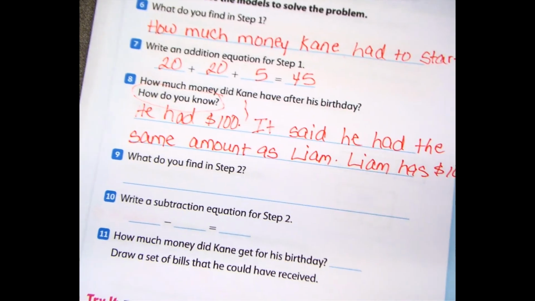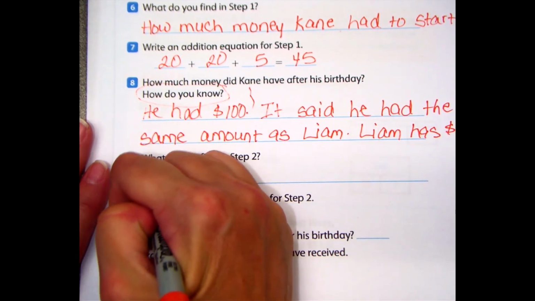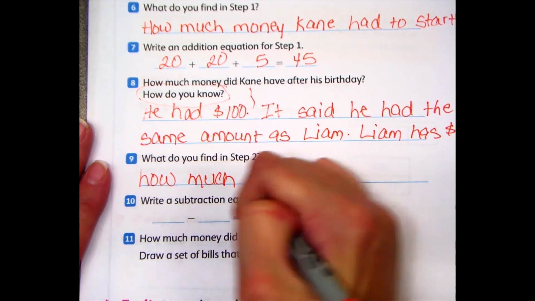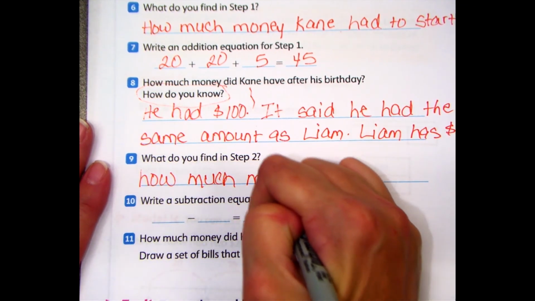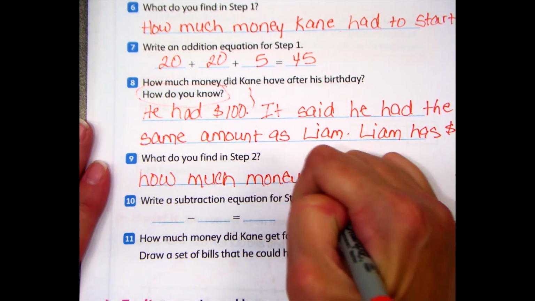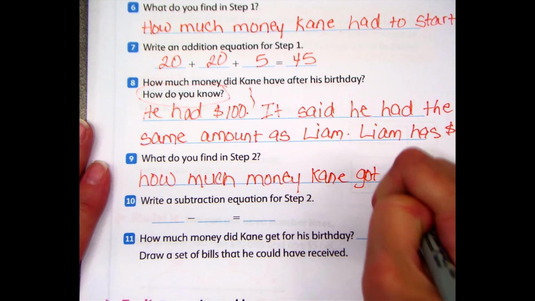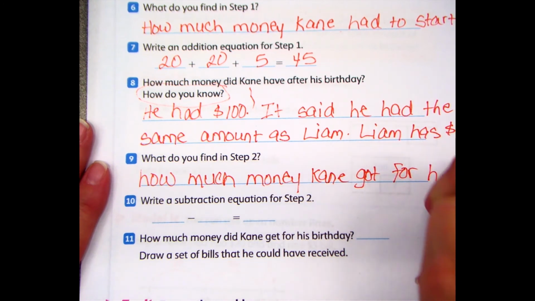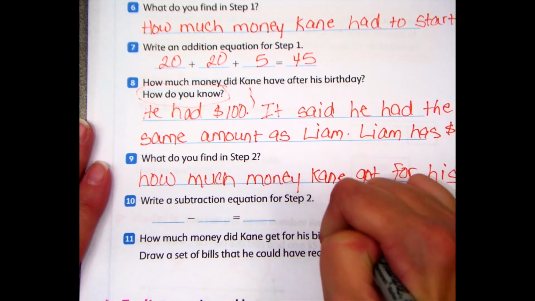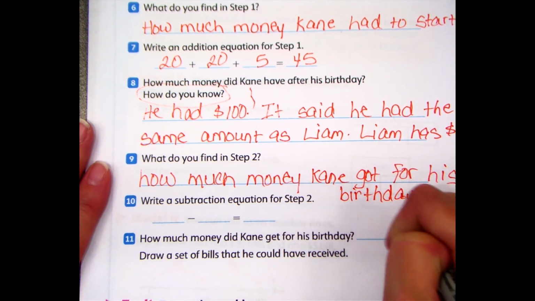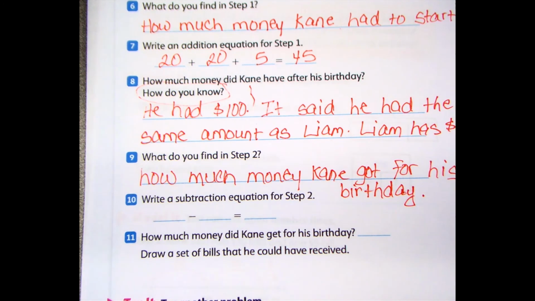So in step 2, we are going to find out how much money Cain got for his birthday. And now we're going to write a subtraction equation for step 2.